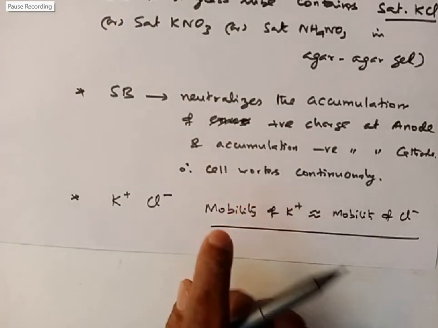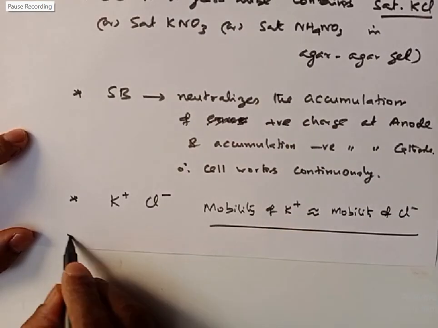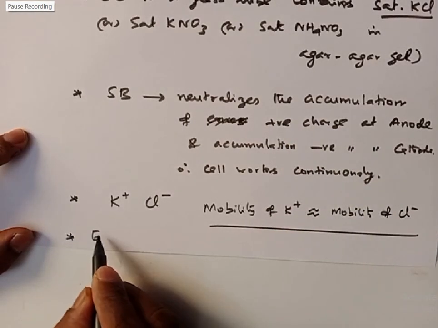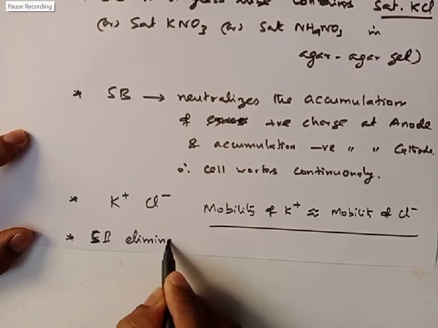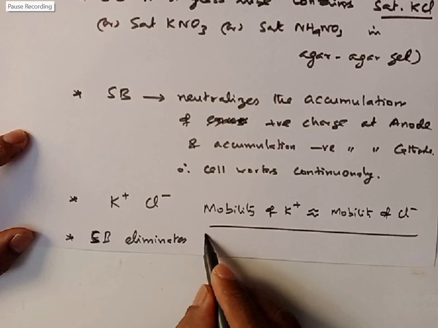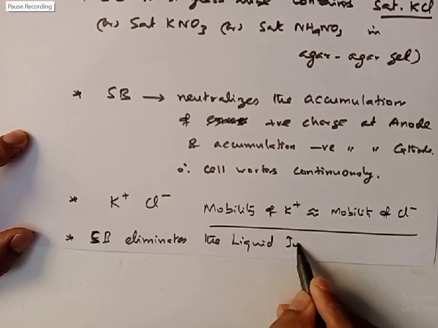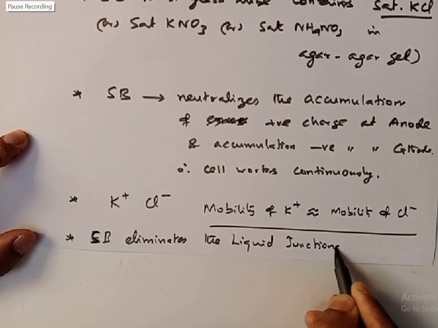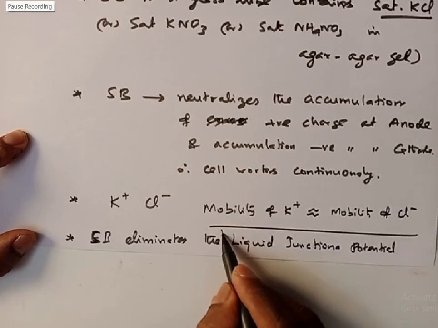So the purpose of taking salt bridge is not only neutralizes the excess charge, it also eliminates the liquid junction potential developed at the cell.